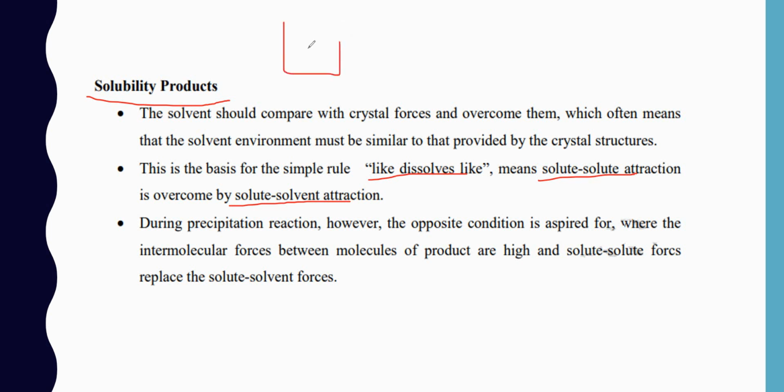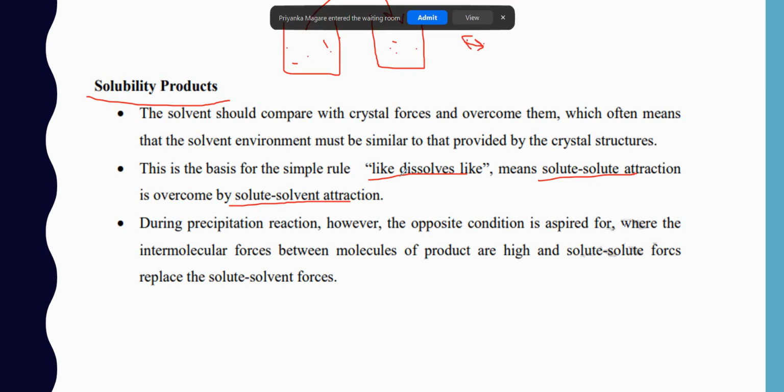So when you have one solution in which a solute is present and another solution with a solute, then when you mix these solutions, both the solutes will attract each other. Like dissolves like, or like attracts like.